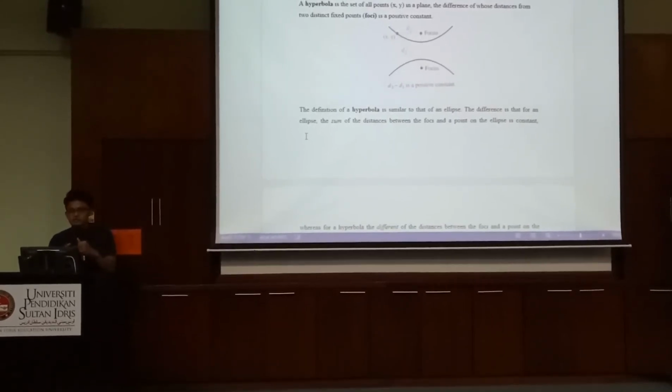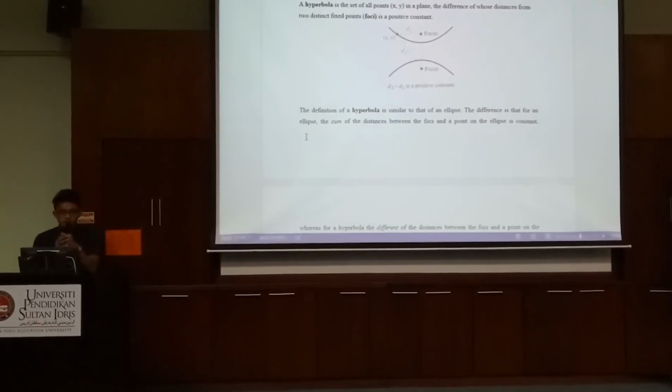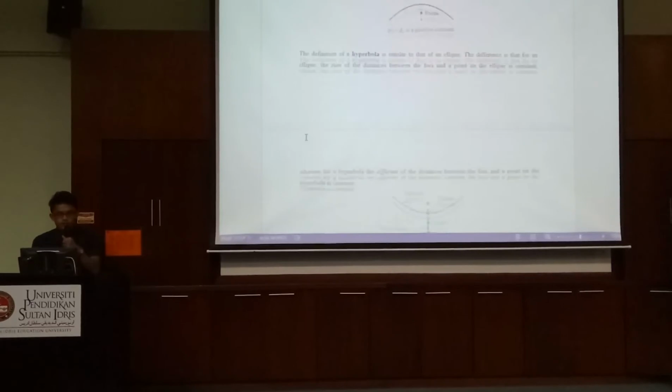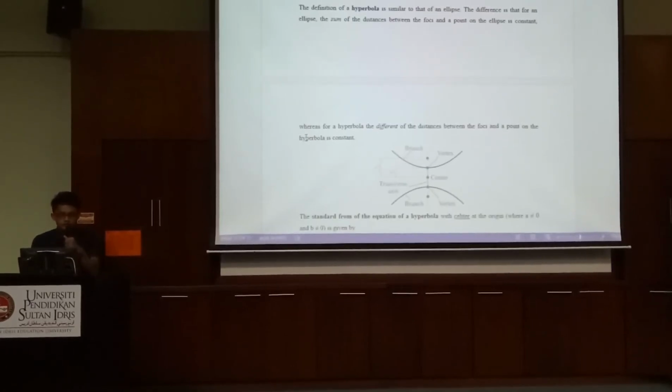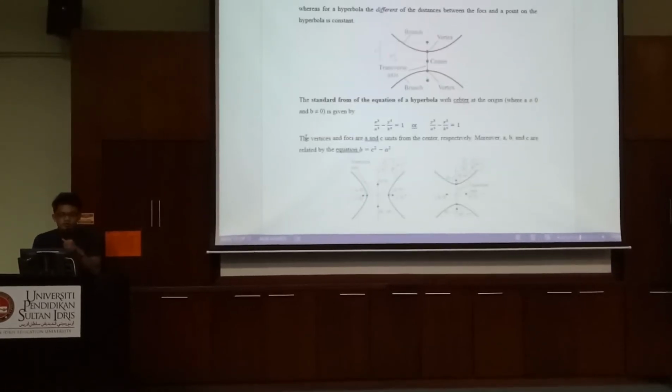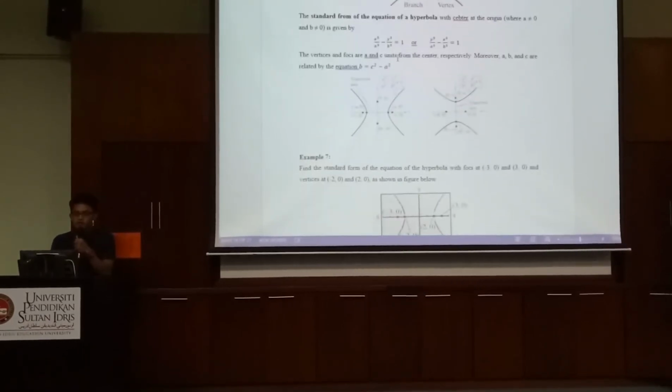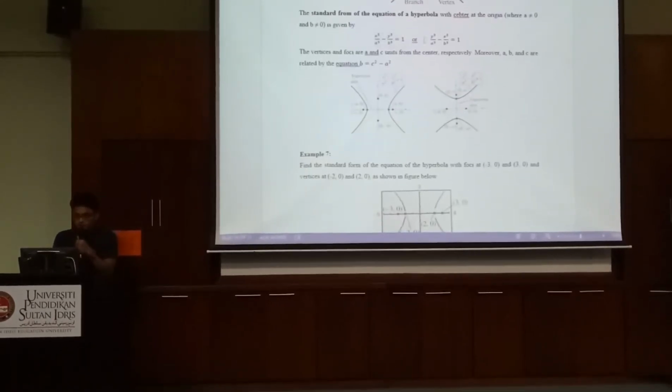The difference is that for an ellipse, the sum of the distance between the foci and a point on the ellipse is constant, whereas for a hyperbola, the difference of the distance between the foci and a point on the hyperbola is constant. Okay, so the standard form of the equation of a hyperbola with center at the origin, where a not equal to 0 and b not equal to 0, is given by the equation you see there.